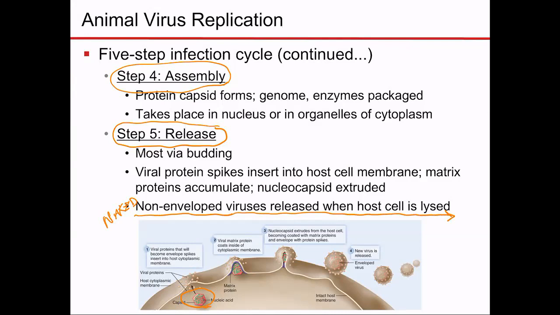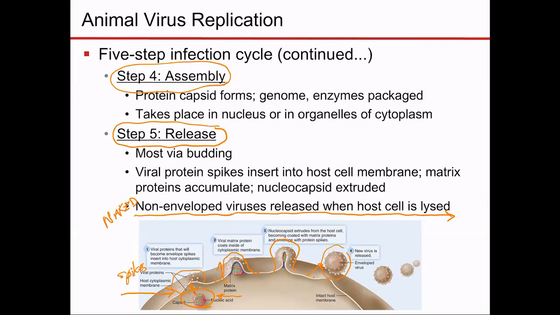Now, if the virus needs to acquire an envelope on top of that viral nucleocapsid, then one of the mechanisms that the virus could use is assembling the nucleocapsid close to the cell membrane, inserting in that cell membrane the viral spikes, so that the virus will bud out of that cell, acquiring that viral envelope that has the spikes on the surface.